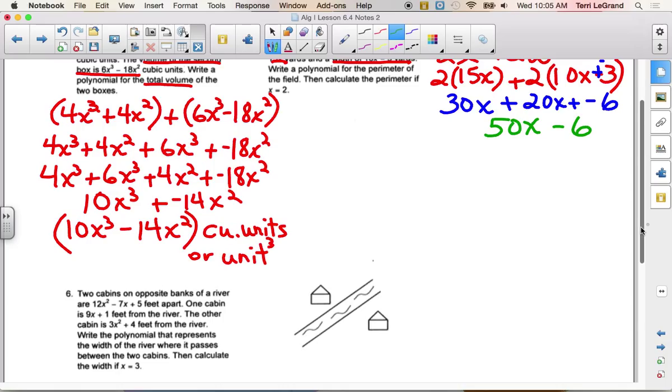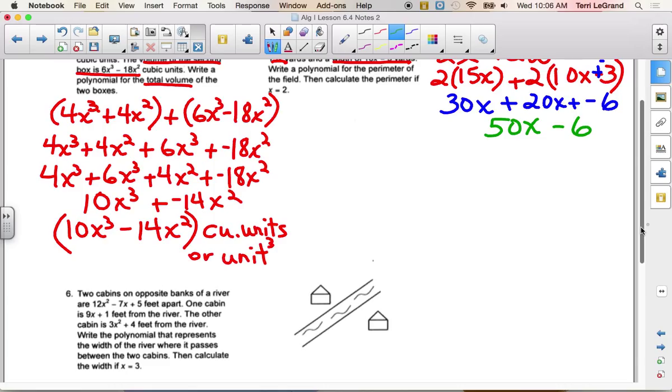Yards added to yards, added to yards, right? When it's area, you multiply length times width, so you're taking yards times yards, which becomes yards squared. And what happens with volume? It's length times width times height, it's 3-dimensional. So you take yards times yards times yards, and you get yards cubed.